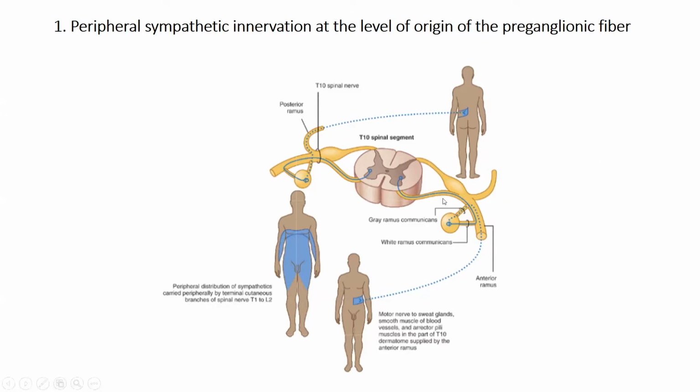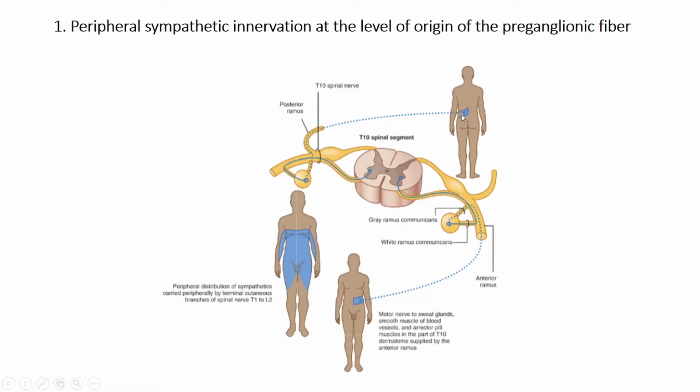It synapses with the postganglionic motor neurons in the ganglion associated with the sympathetic trunk, after which the postganglionic fiber enters the same anterior ramus, and then distributes back to the spinal nerve via the gray communicating branch. Here again it is showing the fiber going back to the ventral branch of the spinal nerve, or going to the dorsal ramus, the posterior ramus, and in this case it is the T10 spinal nerve.